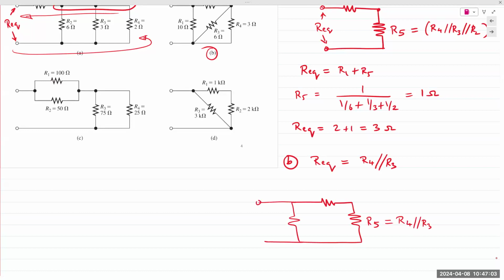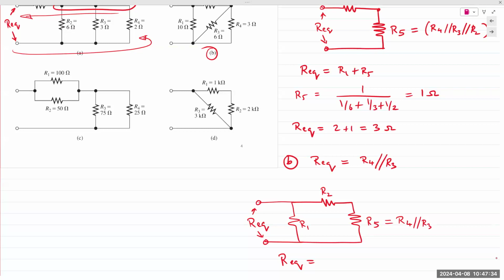Always, always, always draw out your measurement terminals and mark them in the circuit diagram. REQ is, what is it now? This is R1. This is R2. That's R5. R5 is a combination of R3 and R4 in parallel.